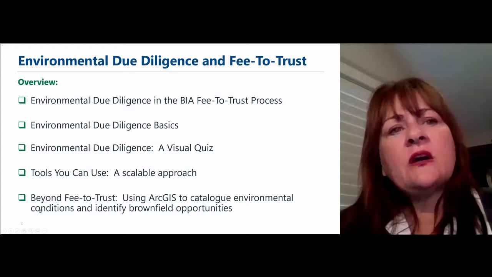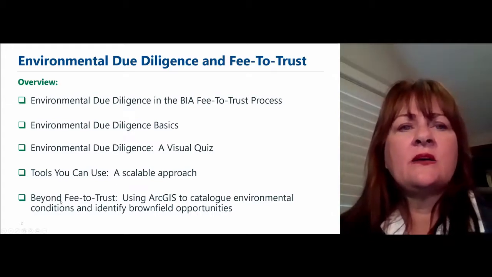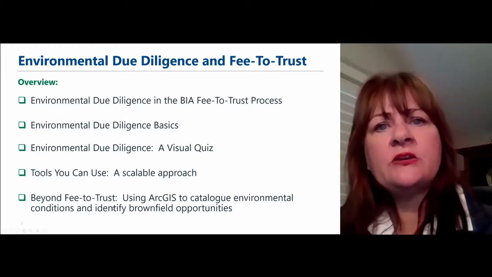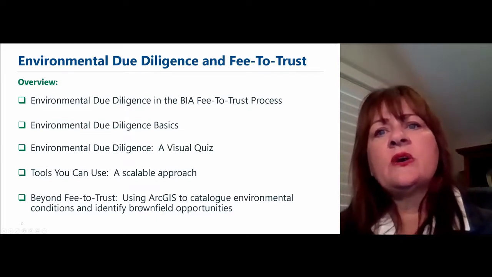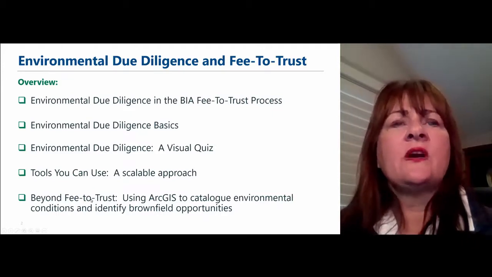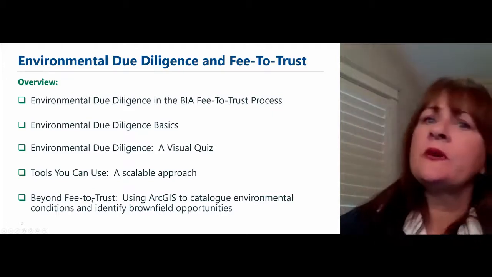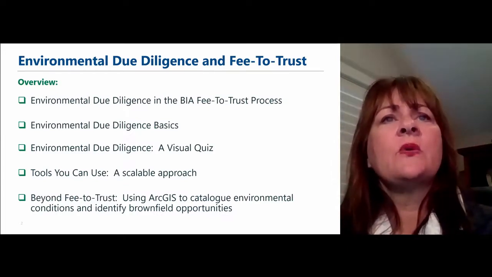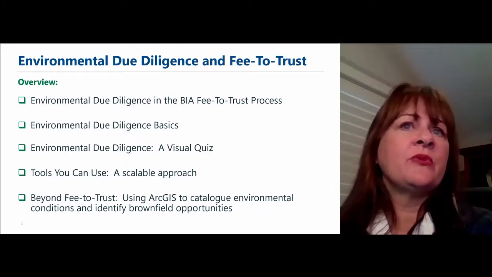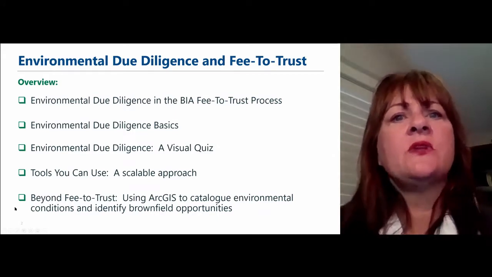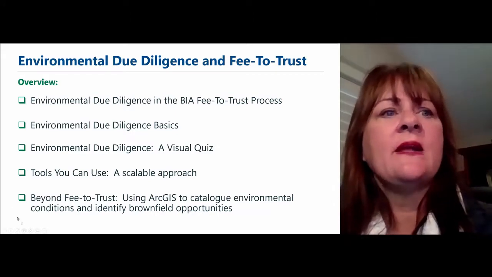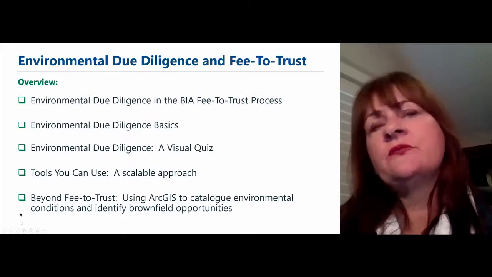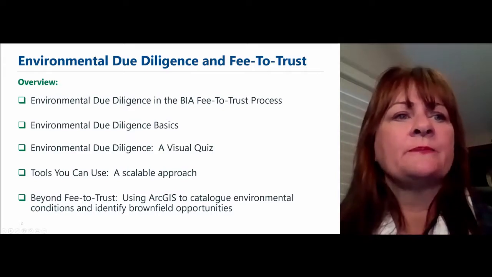And then finally, I'll talk a little bit about going beyond a fee to trust application for your property and talk a little bit about using ArcGIS and other programs to catalog environmental conditions on properties that you may already own, that you might want to consider requesting or going after an EPA brownfield grant application. There's a lot of great brownfield opportunities that a lot of tribes have already taken advantage of through the EPA's Tribal Brownfield Grant Program that I'd like to talk about.